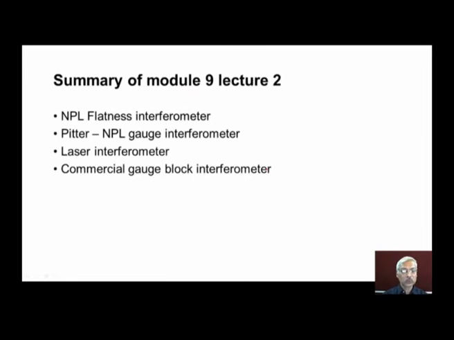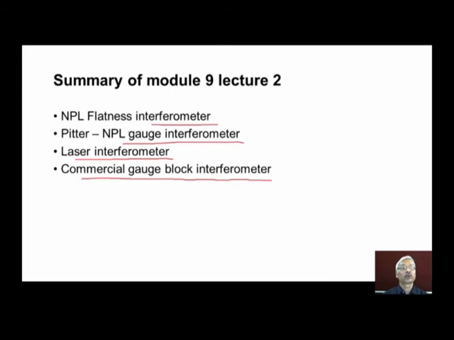Now let us conclude the lecture number 2. In this lecture, we discussed some of the interferometers like NPL flatness interferometer, Pitter NPL gauge interferometer, and then interferometer based on laser monochromatic light sources, and some commercially available gauge block interferometers are also discussed.